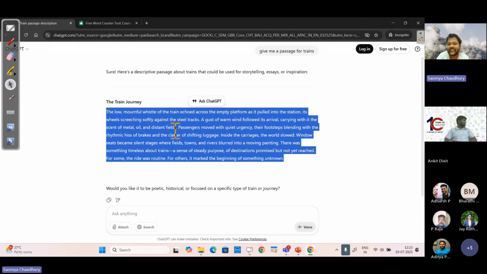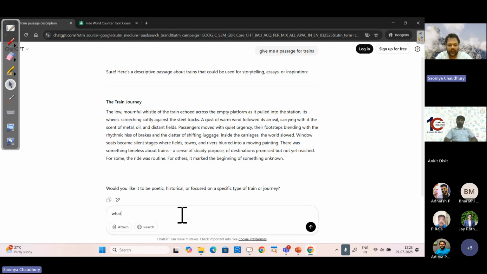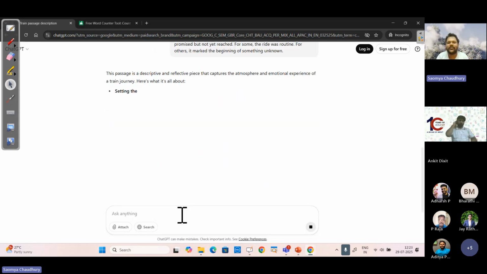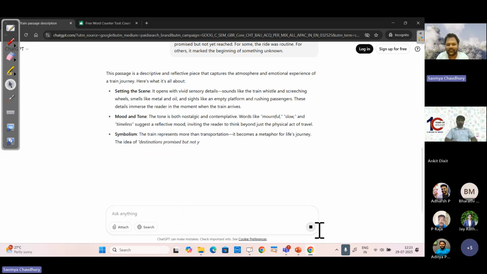So I'm taking this as an input, okay, and then I'm asking the question: what is this passage all about? Let me ask the reverse question. So what is this passage all about? I just reverse the question, okay. अरे भाई नहीं बेटा, इतना नहीं चाहिए मुझे.